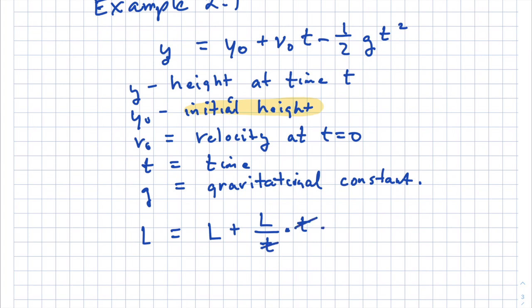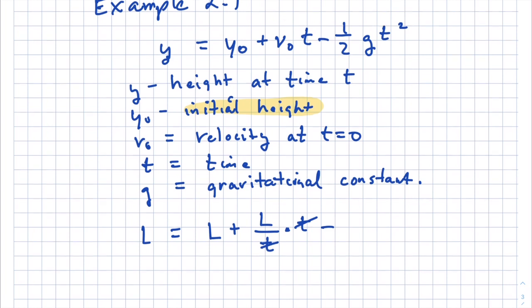Then we have minus 1/2. Next, we need to know something about gravitational constants. For the metric system, it would be 9.8 meters per second squared. Let me write that down, 9.8 meters per second squared.